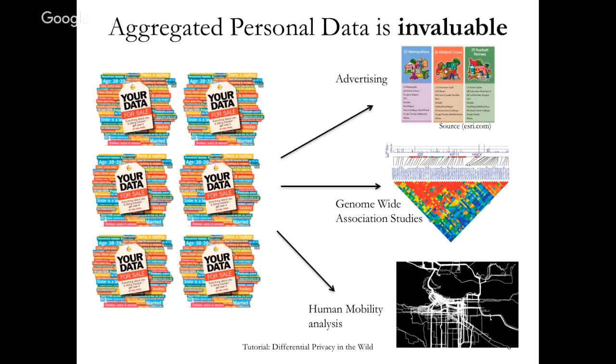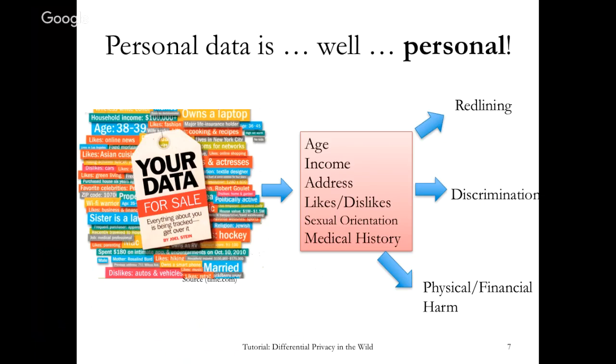Well, there are a number of positives for using aggregated data. It's a double-edged sword, because data that is personal to individuals is, well, personal. So a lot of sensitive information can be collected through these systems. In particular, this information can be used to create harm to individuals. For instance, your race can be used for discriminating against you.